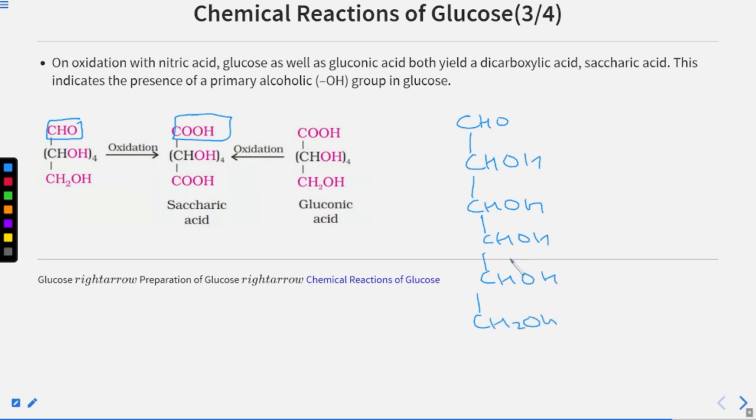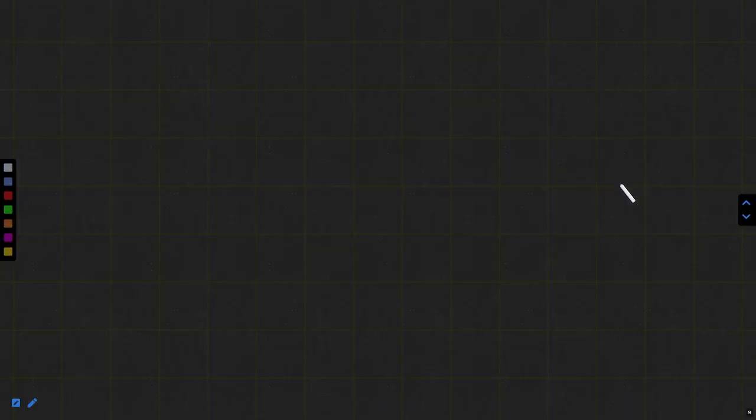Now if I ask you to oxidize all of these carbons to carboxylic acid, then it would not be possible. Let me explain with the help of a mnemonic device. We have an OH group here and R here. Now you have to oxidize this carbon into carboxylic acid.